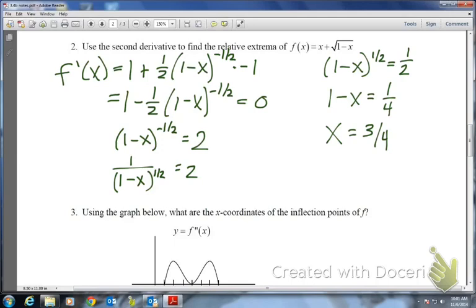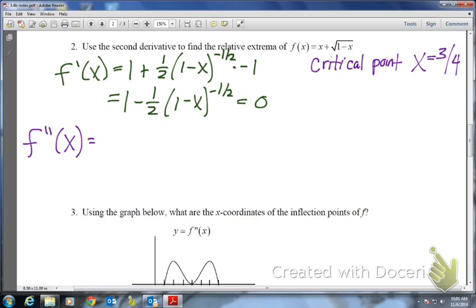So I'm going to use this equation here as my first derivative, and I want you to take the derivative of that one more time and figure out, when you plug in 3/4, if that second derivative is positive or negative. So what's the derivative of that 1? 0, so I'm just going to get rid of that. The negative 1/2 tags along for the ride.